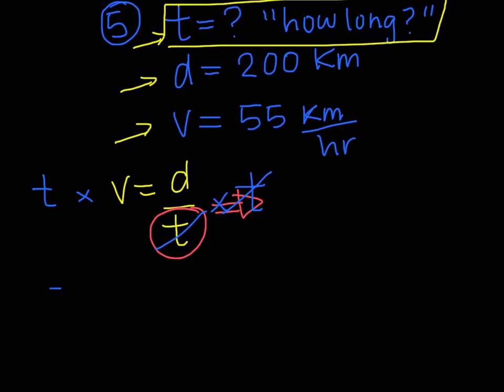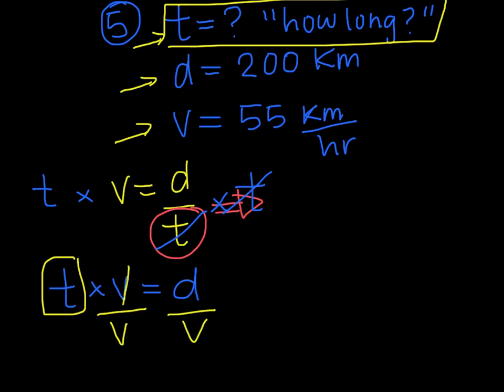So now I've got time multiplied by velocity equals distance. We're not quite there, we need time by itself. So we want to keep time right here, but we want to move velocity to the other side. So I'm going to divide both sides by velocity. This cancels. So now my equation is time equals distance divided by velocity.